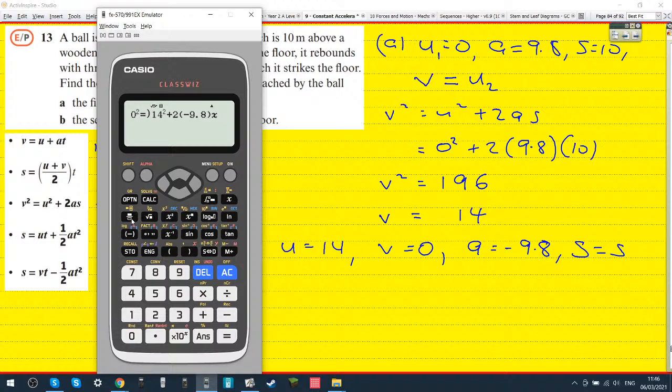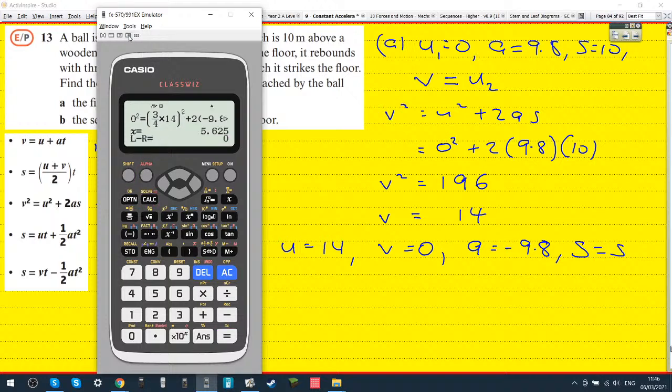So change U to 10.5. I got S as 5.625, I believe.